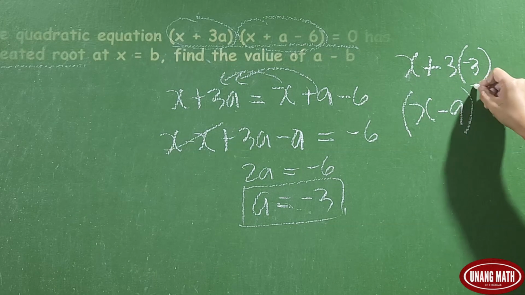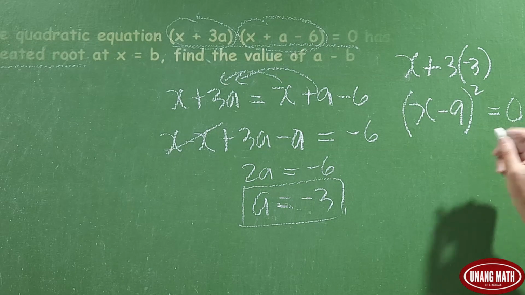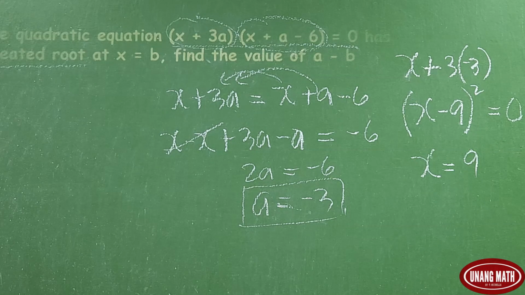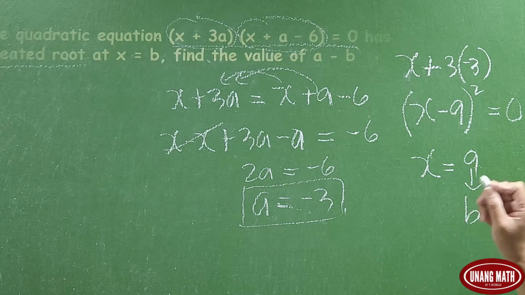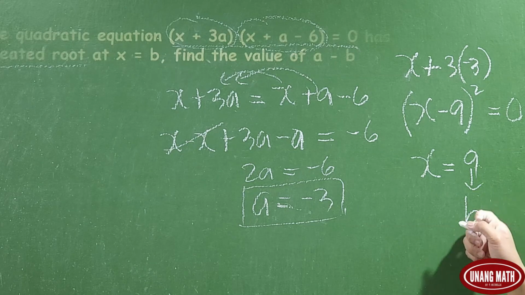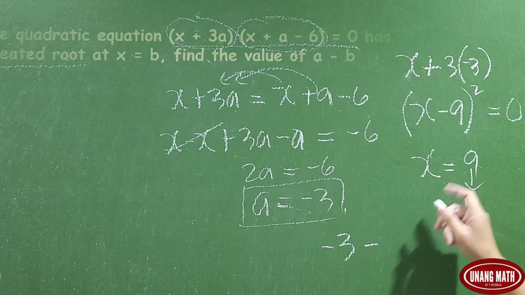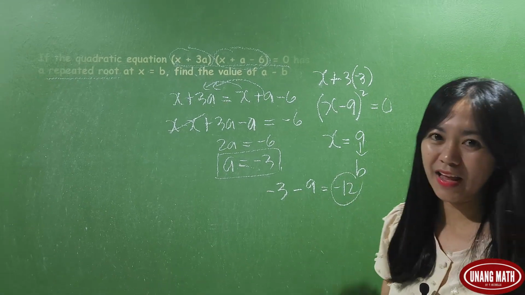And take note, this is squared, and this is equal to 0. So x here is positive 9, and this is our b. So a minus b is negative 3 minus 9, which is equal to negative 12.